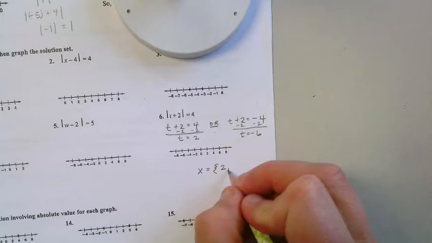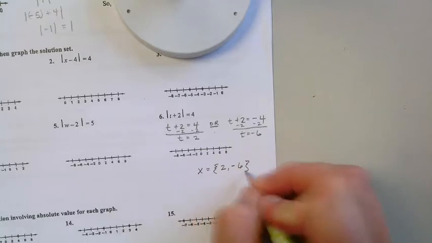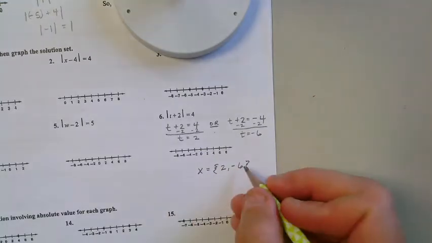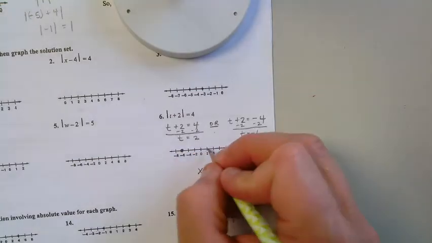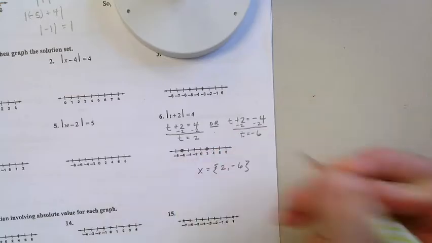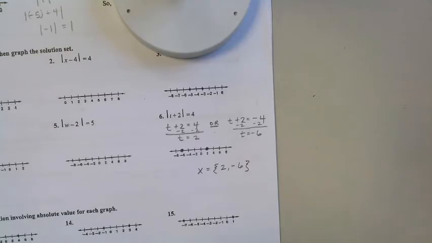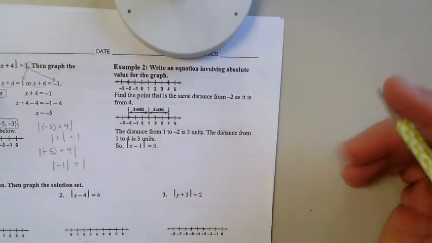Possibilities would be 2 and -6, okay? So I'm going to go to -6. I'm going to make a solid dot right there. I'm going to go to 2, make a solid dot right there, and I'm done, okay? The 2 possibilities there.